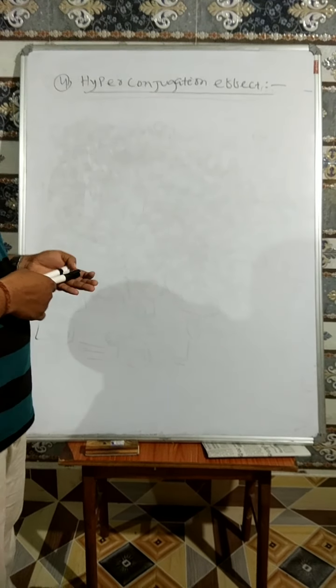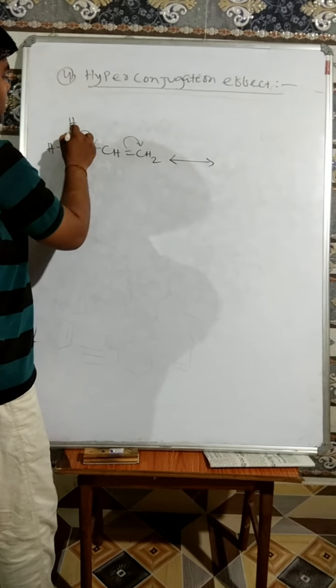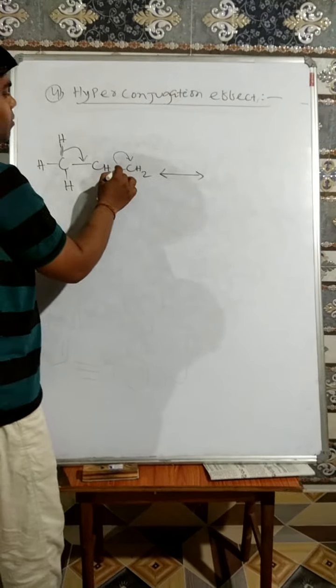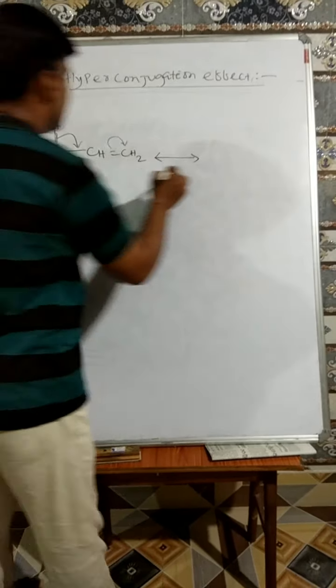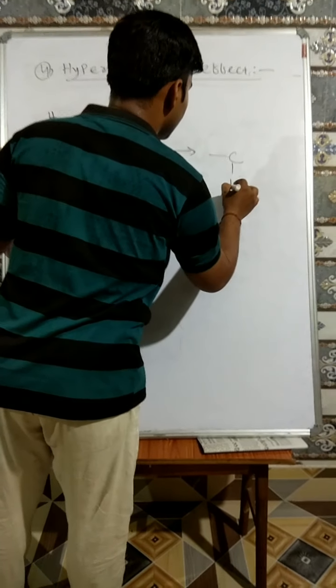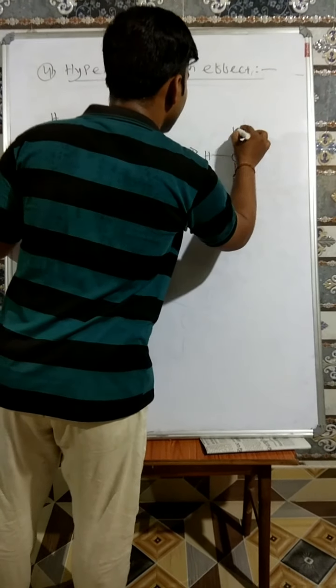Suppose you see in case of propene, here the hyperconjugative structures are like this. Here such sigma electrons have delocalized so that the double bond electrons shifted. So we get these hyperconjugative structures.